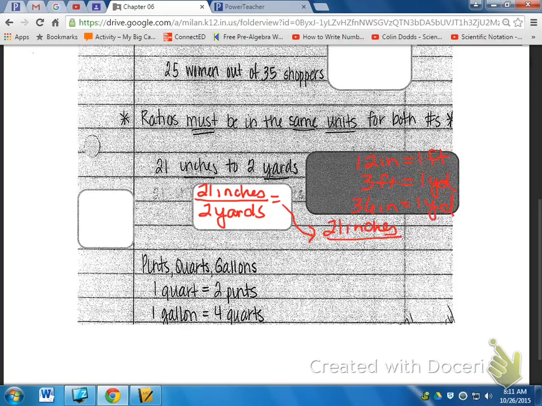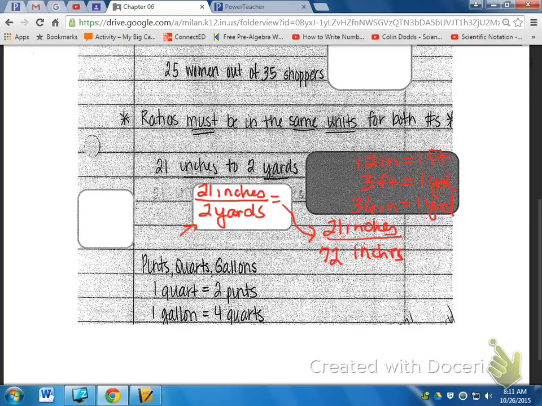Instead of 2 yards, how many inches would that be? 36 times 2, which would be 72. Yep, 72. So you have to change this to the same units, 21 inches over 72 inches.